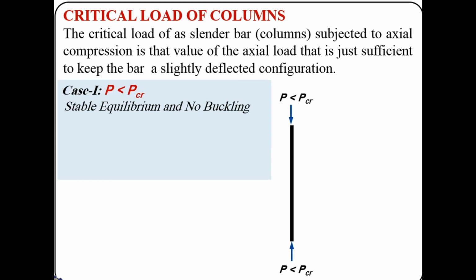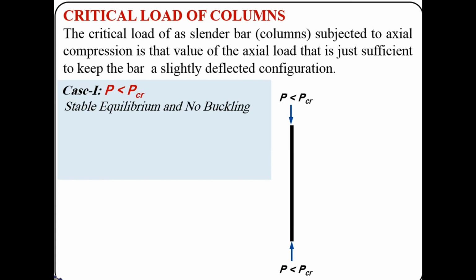But when I apply the load equal to 101 Newton, which is producing the stress 101 megapascal, where 101 is just a fictitious load, at this load the column undergoes a slight lateral deformation. At this point, I can observe a small deformation in the lateral direction, or out of plane direction.